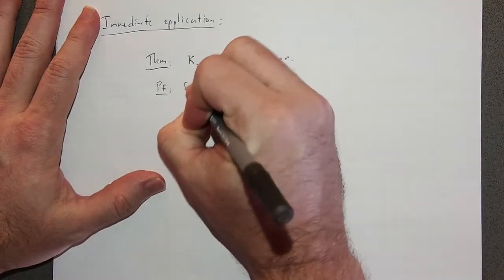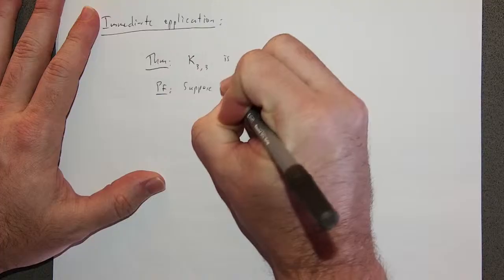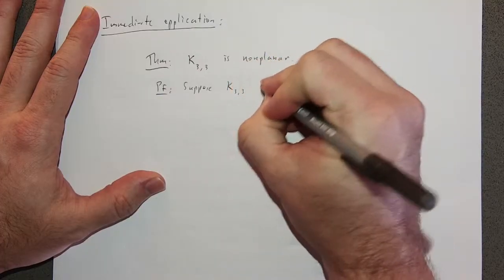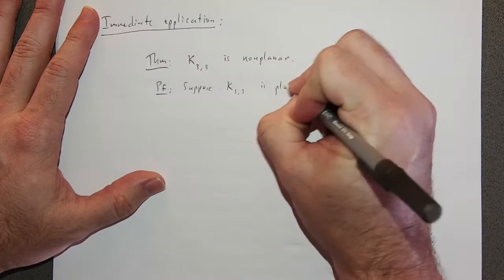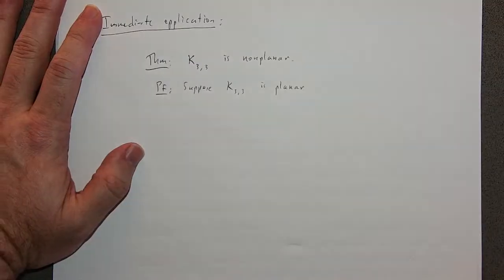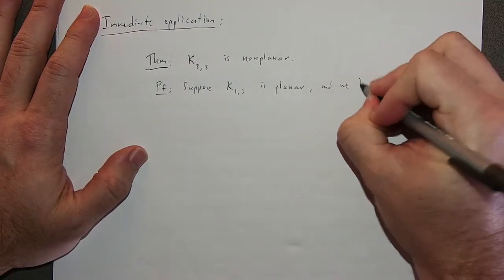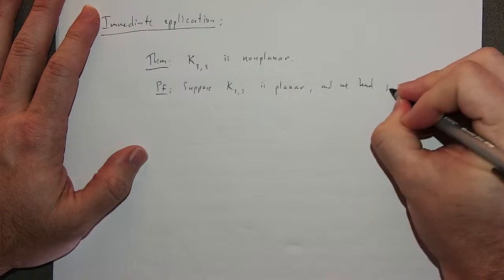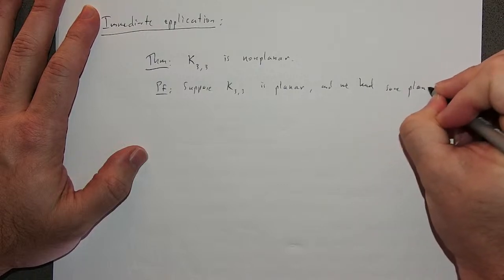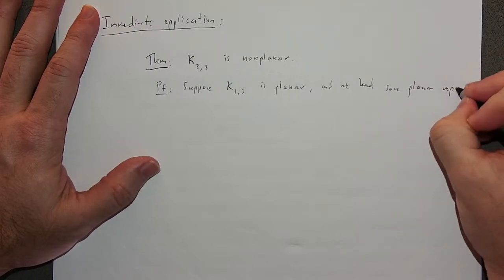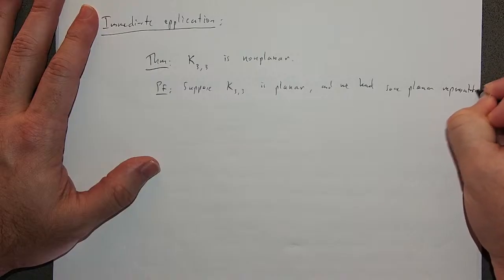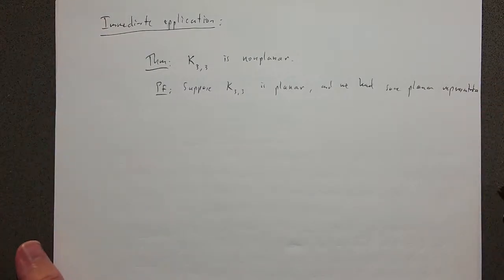Suppose K33 is planar, and we had some planar representation. You can call it G if you want to.